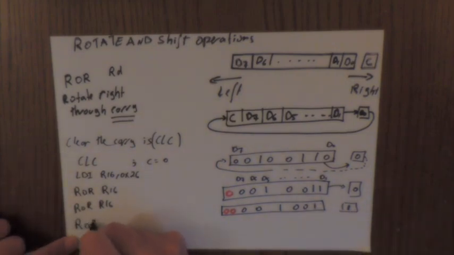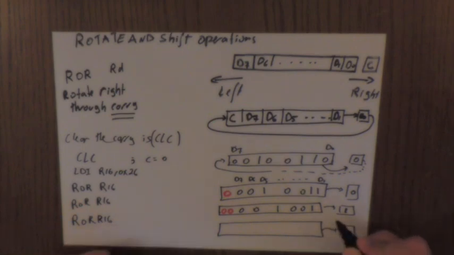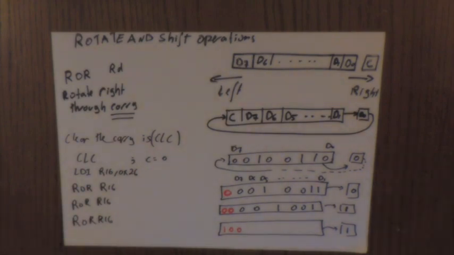A third ROR R16. Of course, the carry will be 1, and then we will have this carry going over there, 1, 0, 0, and then we left.